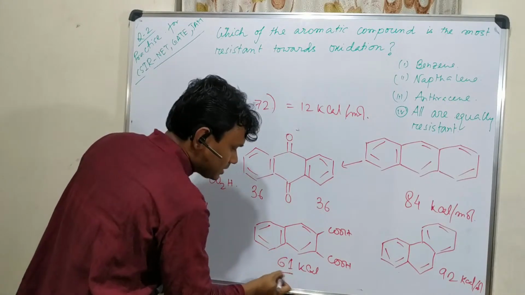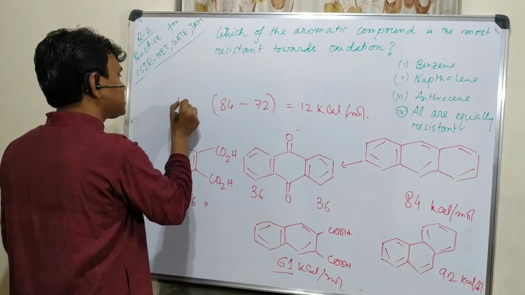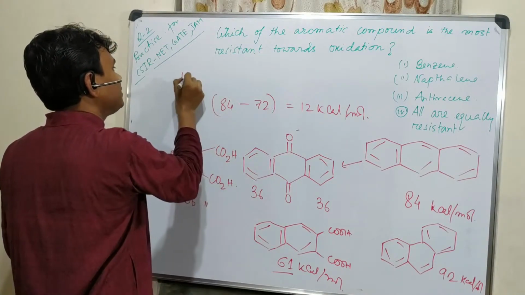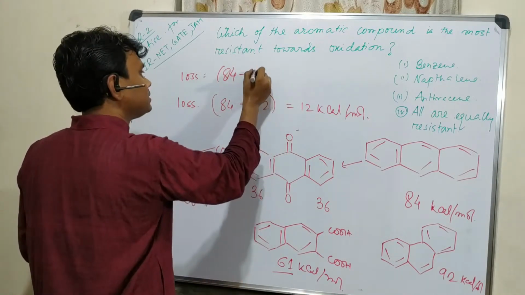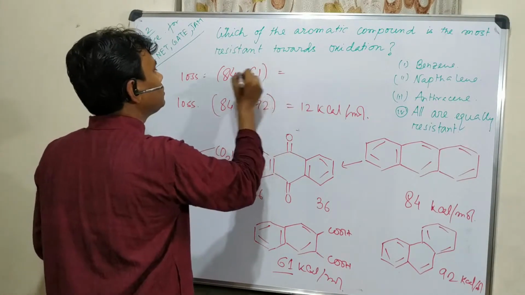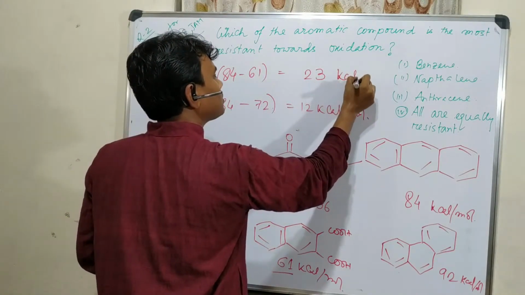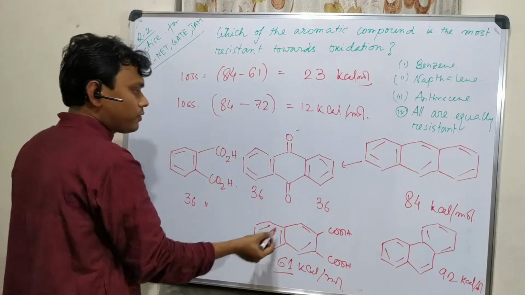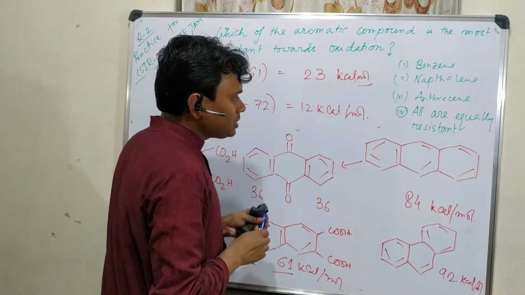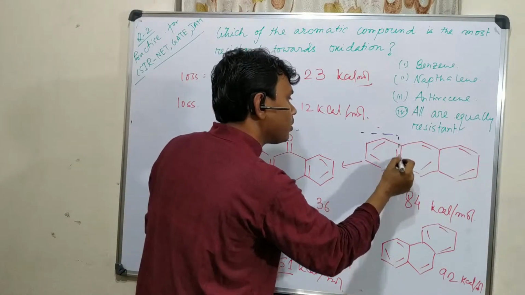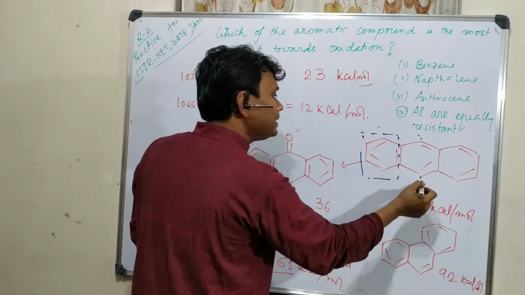Now the loss is 84 minus 61, which is 23. So we can see that if oxidation happens in the terminal ring, the loss of RE is more compared to the middle 9 and 10 positions.